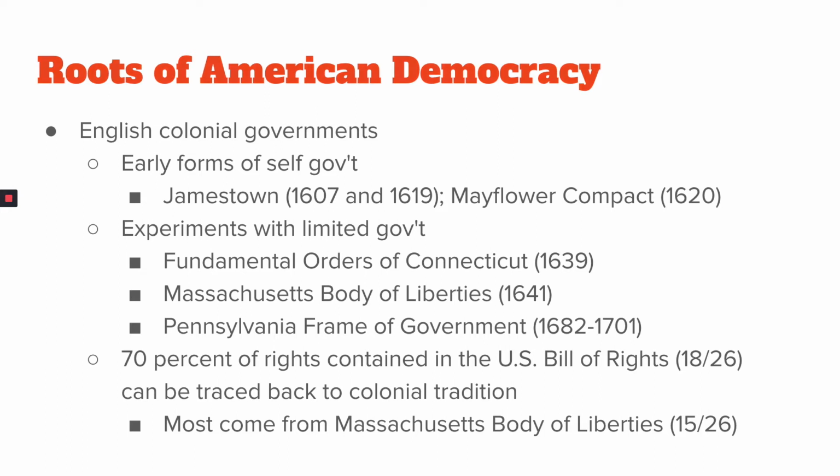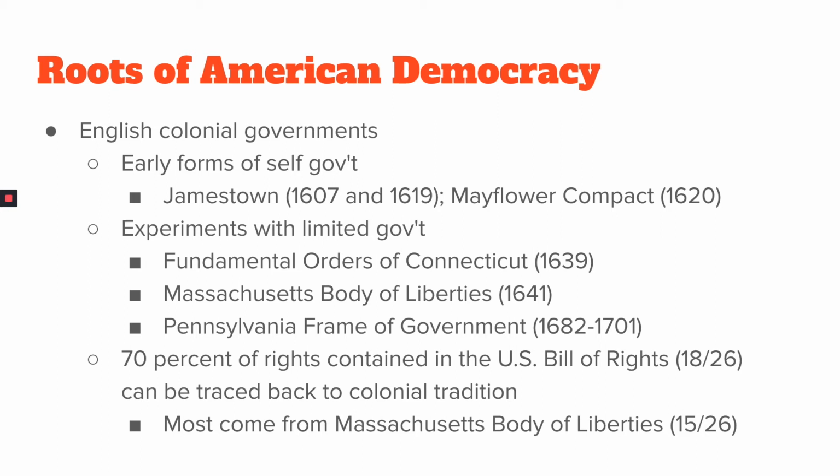And then the following year in 1620, the Mayflower Compact is really the first form of written limitations on government, because the colonists on board the Mayflower, before they disembark, write down all of the rules and expectations for the community that they're going to create when they get off the ship.